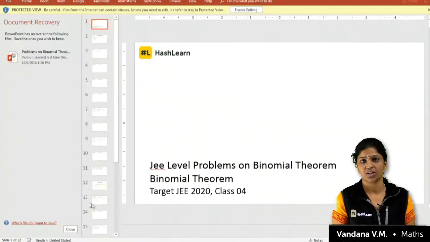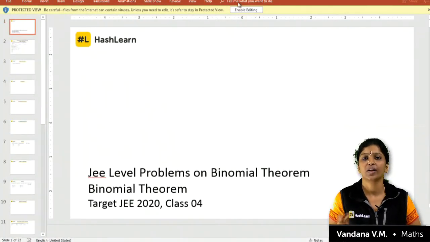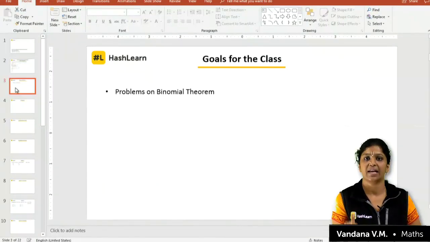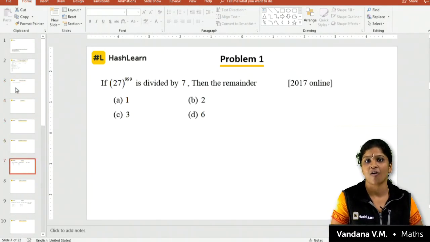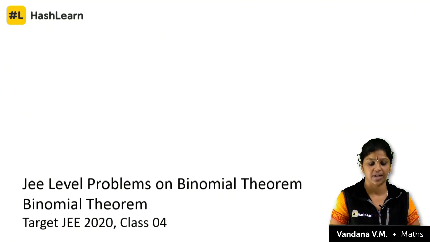So find out the general term and equate that x power whatever we have to that term. Two cases we will get: one equating to minus 2 and the other one equating to minus 4. Then I will get the value of r. Whatever the value I got, I will substitute in the general term.